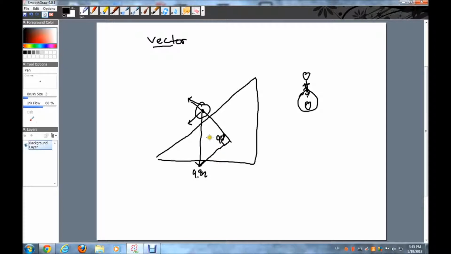And we also know from trigonometry that these two angles right here are parallel. Yeah, these two angles are indeed parallel.